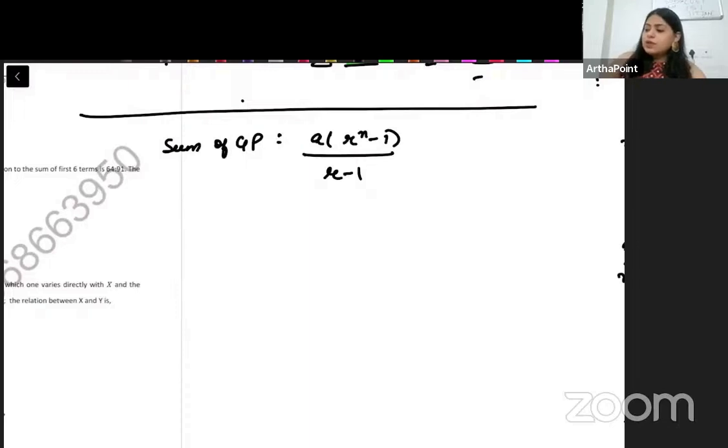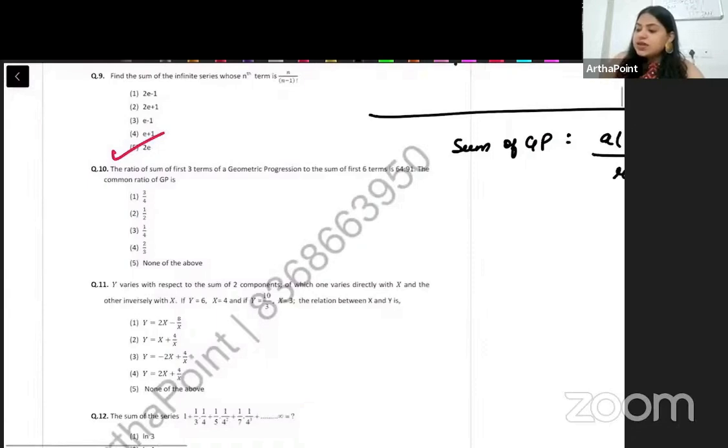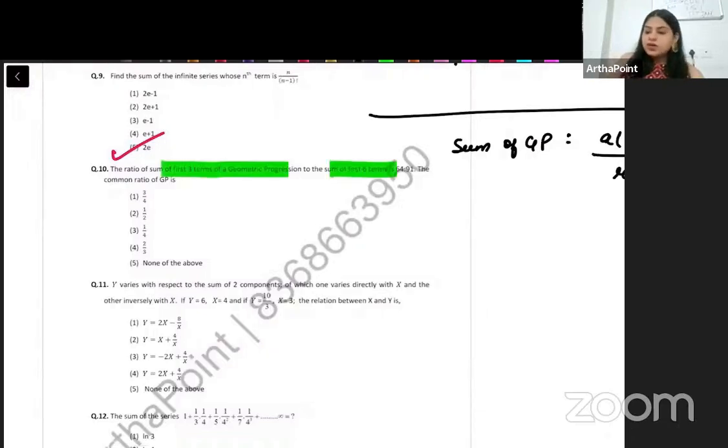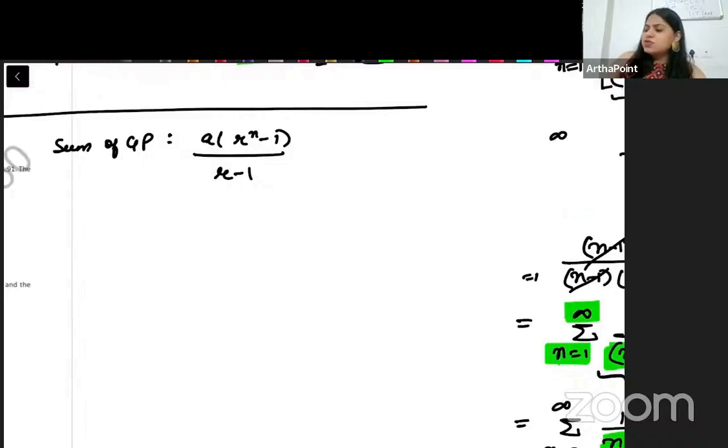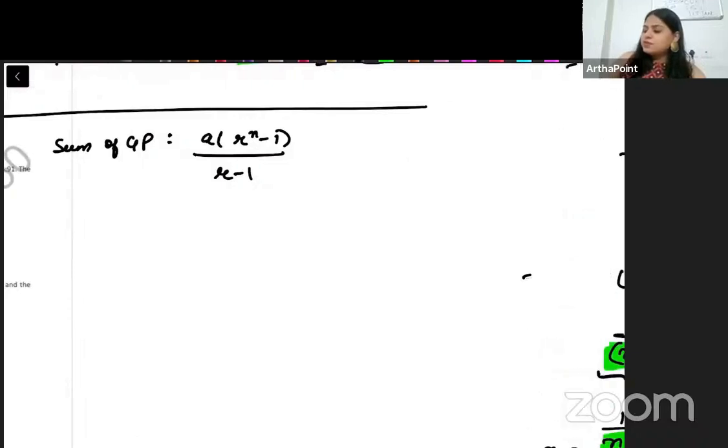Now, it says the ratio of the sum of the first 3 terms of a GP to the first 6 terms. So what is going to be the sum of the first 3 terms? Put n equal to 3. So the sum of the first 3 terms will be a(r to the power 3 minus 1) upon r minus 1.